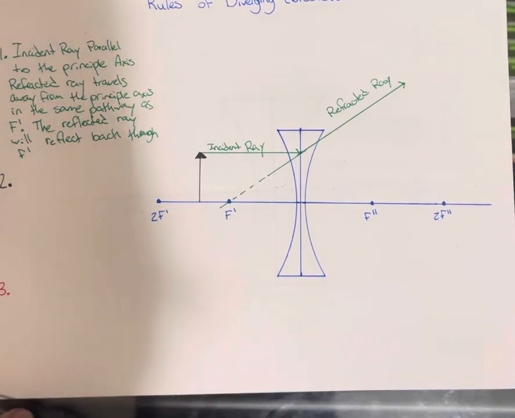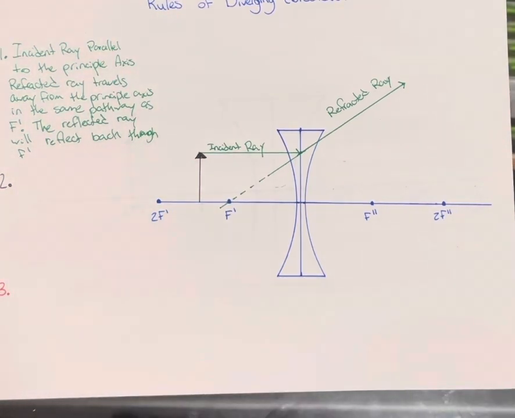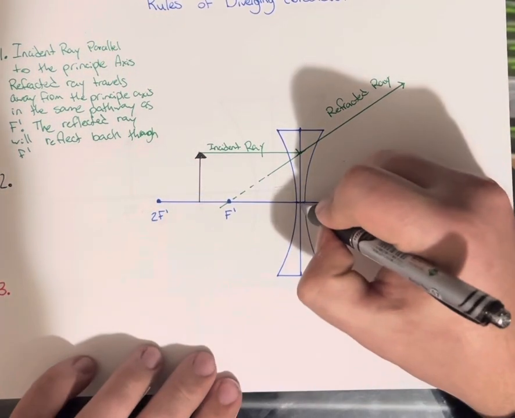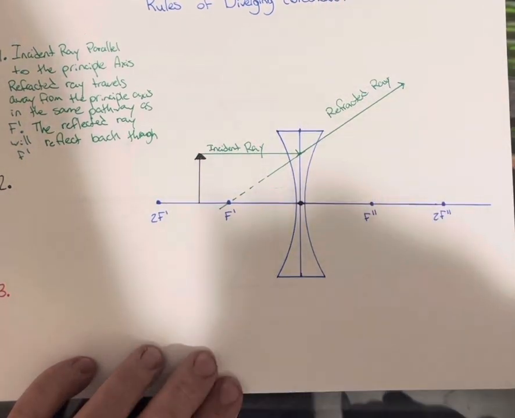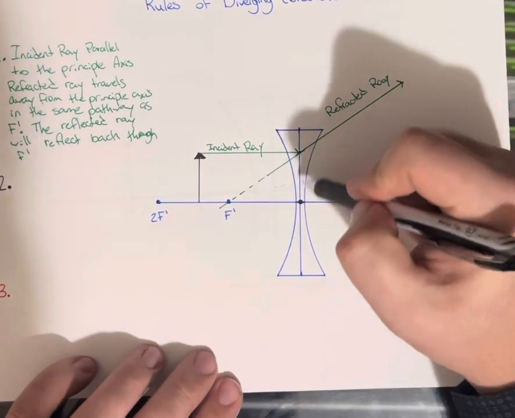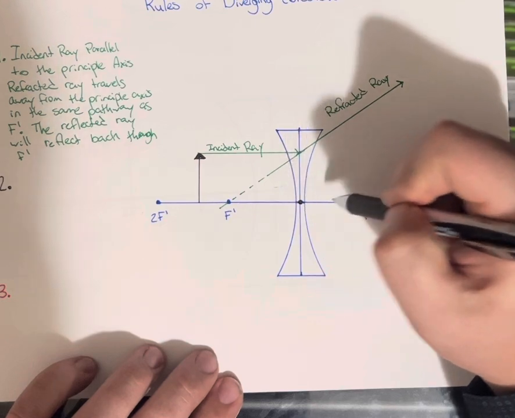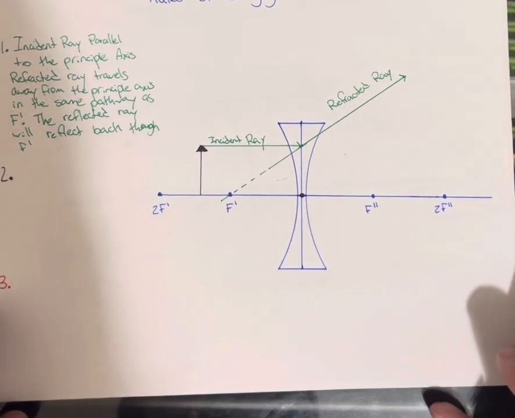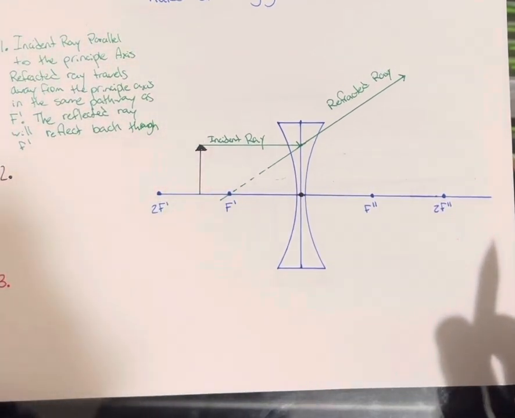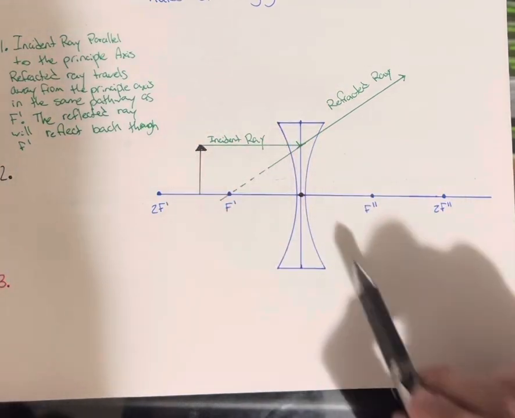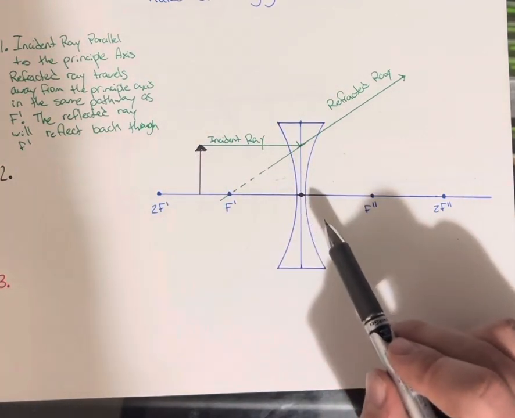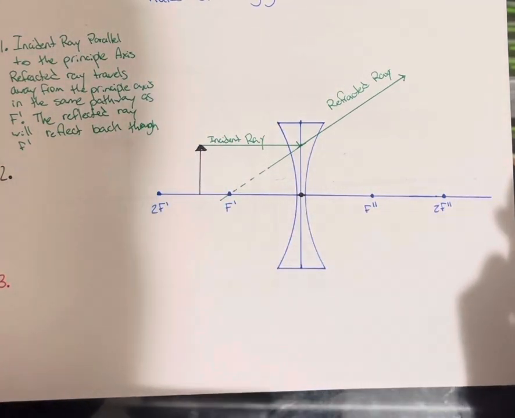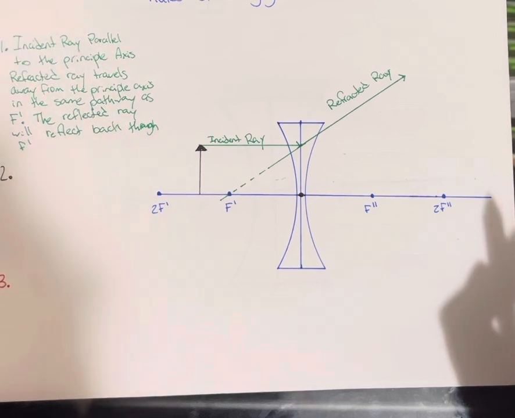Now, our second rule is talking again about this optical center, the point at which the center of our lens comes into contact with the principal axis. If we have a ray that is passing through the optical center, we are going to see that it is not going to deviate from its original path whatsoever.